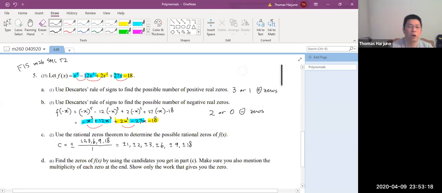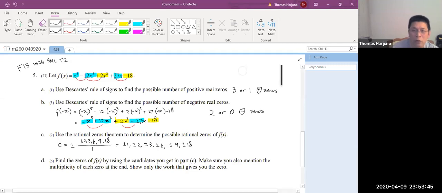Okay, now in part D, find the zeros of this polynomial using the candidates you got in part C. Now, we will do trial and error, but if we do trial and error, we need to know what candidates to test. And of course, from here you see that you don't try 4, you don't try 5, you don't try 8, you don't try 20.